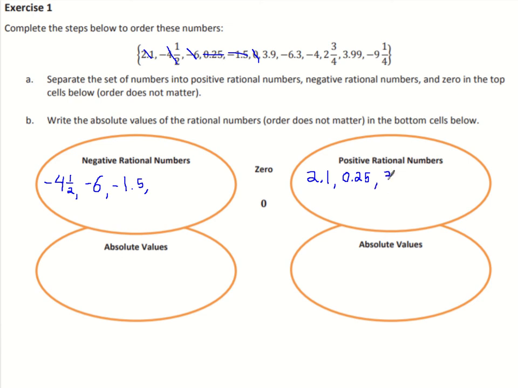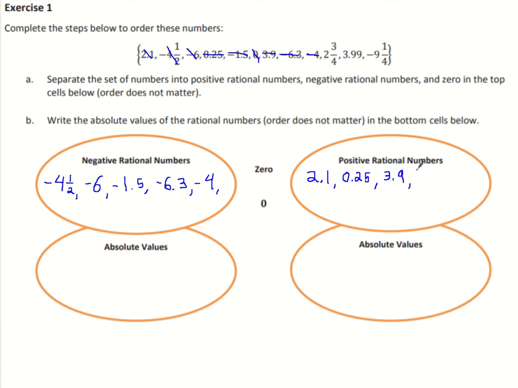Doesn't have that negative sign, means it's a positive number, 3.9. -6.3. -4. 2 3/4.